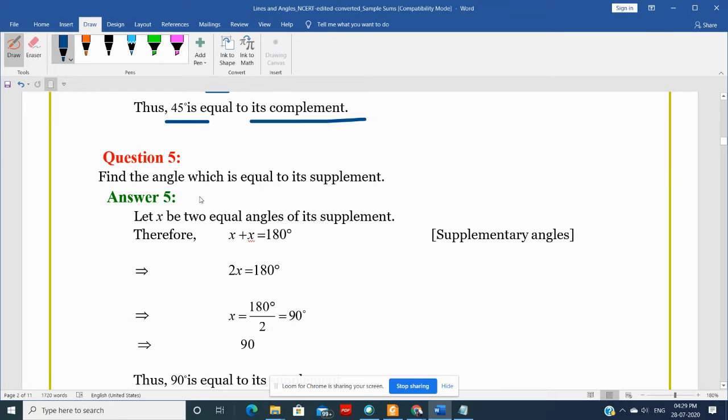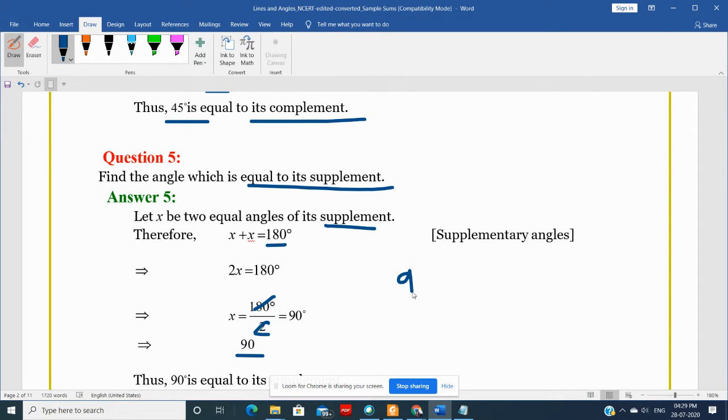Now, question 5. Find the angle which is equal to its supplement, same as I explained just now. But the only difference is supplement. So here x plus x will become 180. 2x will become 180. So 2 will go here, and 2 90s are 180. So your answer is 90.